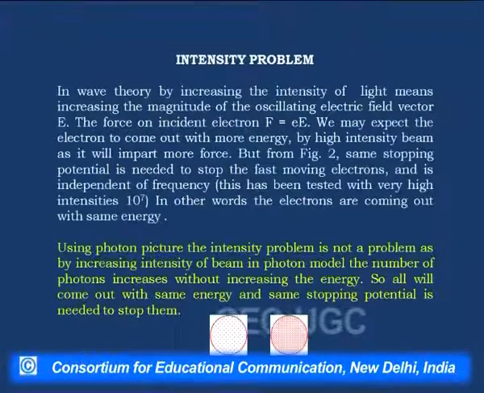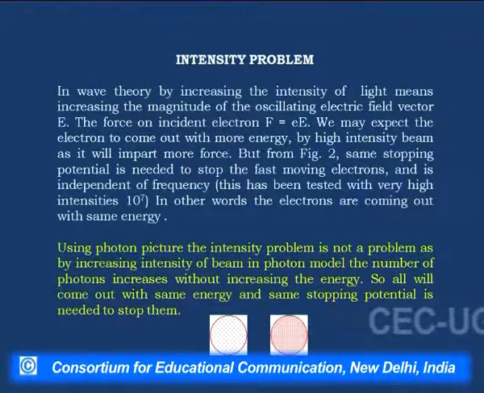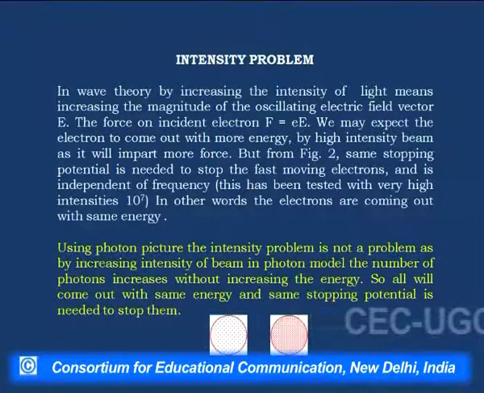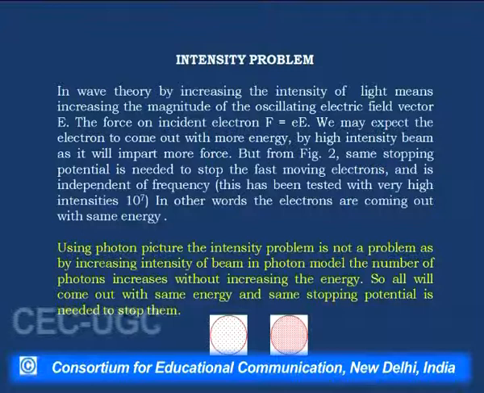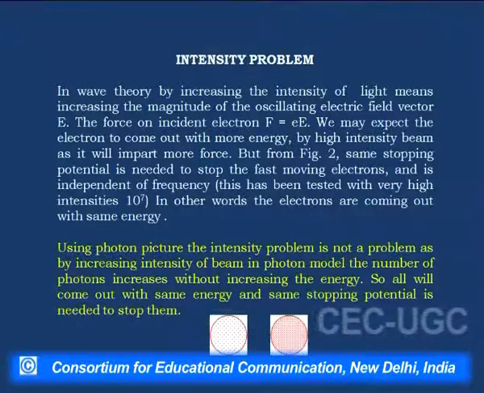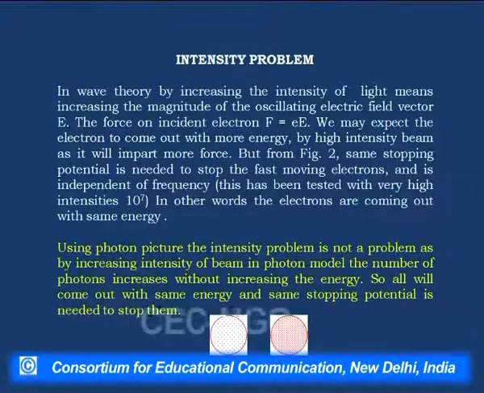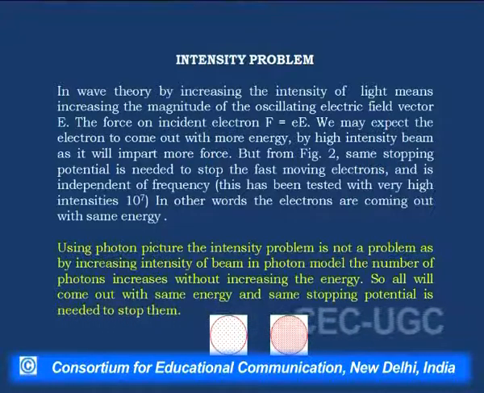Now, if we consider the photon model, intensity in the photon model is that you are increasing the number of photons per unit area. So, here in this picture we can see that on the left side, suppose there is a beam, and this beam contains a small number of particles or photons, so the intensity is less, and on the right side we can see more photons are there, so the intensity is more.